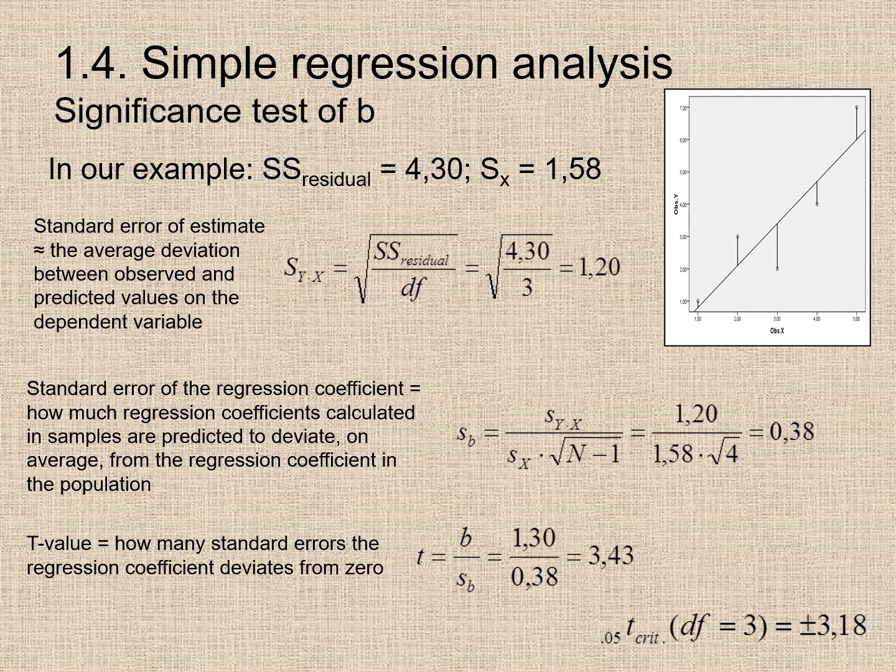In this case, we calculate if our sample regression coefficient deviates significantly from 0. If it does, we have a significant result in our sample. Then we assume that it looks in a certain way in the population. In this case, we assume that the population regression coefficient is above 0.